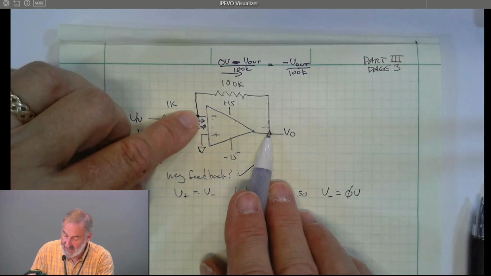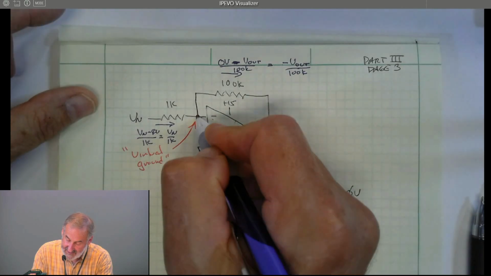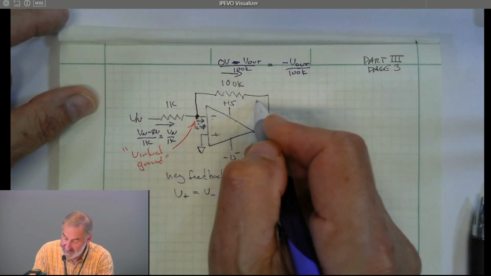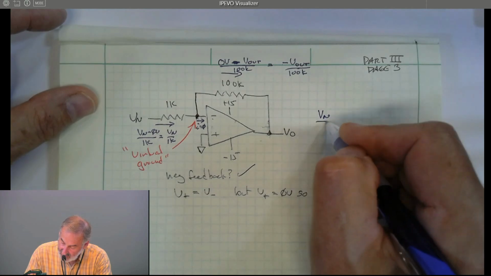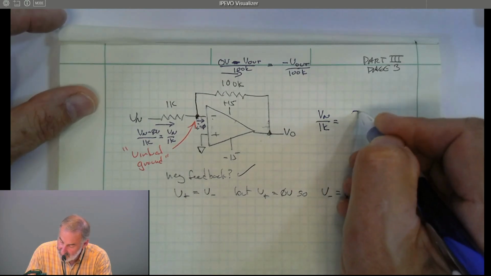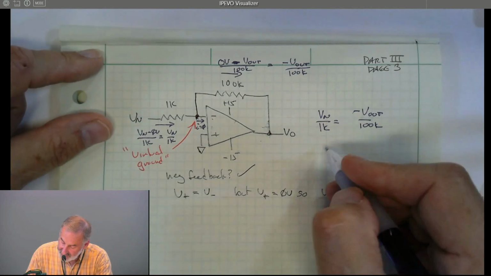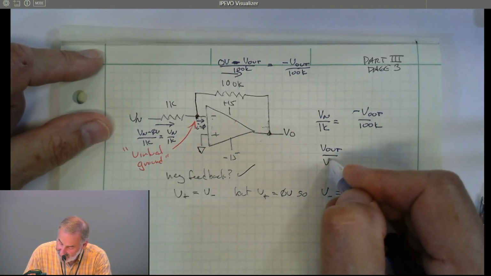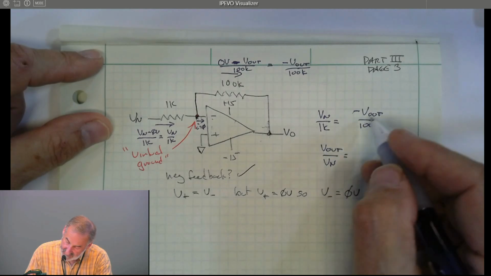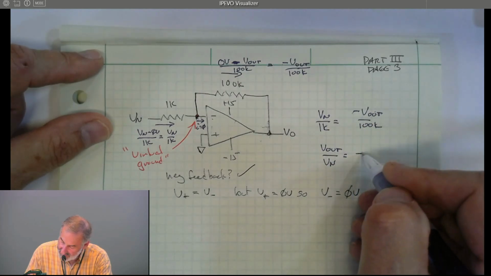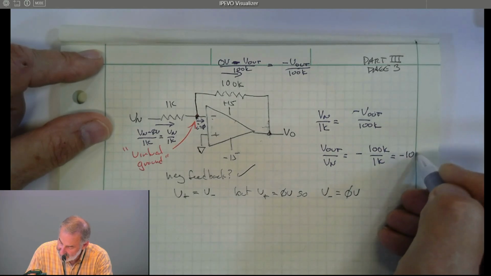But we know that the current that flows into this node can't go into the op amp. It has to go this way. So that requires V in over 1K to equal minus V out over 100K. Solving for V out over V in, which is equal to the gain, that's going to be minus 100K over 1K. That's equal to minus 100.